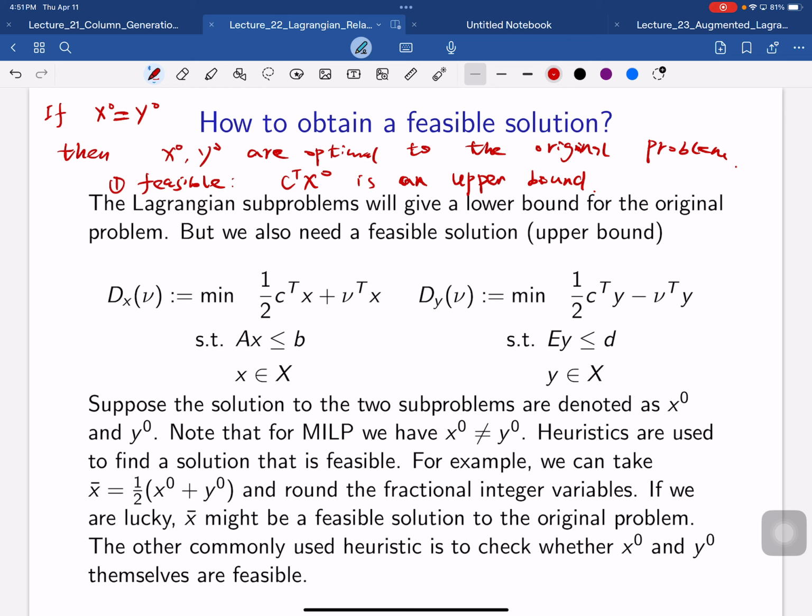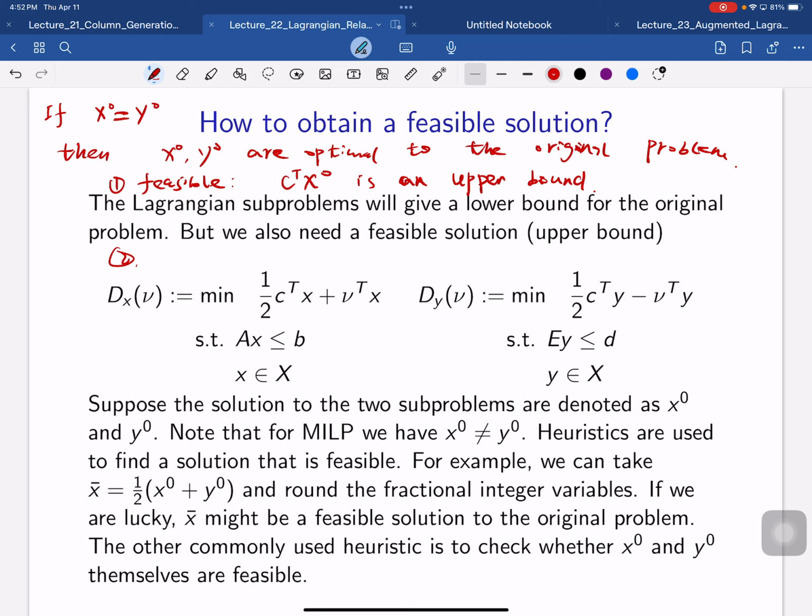Okay, so can we also show that C transpose x naught is also a lower bound? If we show C transpose x naught is also a lower bound, then it must be optimal. Okay, so let's show that real quick. We already know that for any given Lagrangian multiplier, the Lagrangian dual function is a lower bound, right?